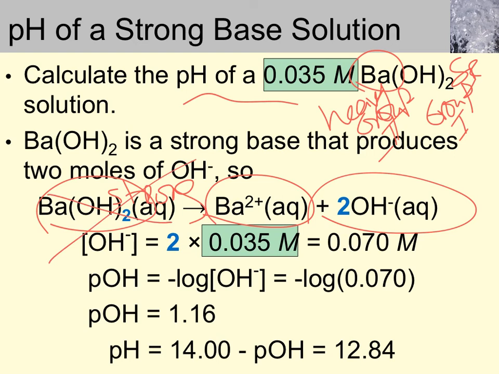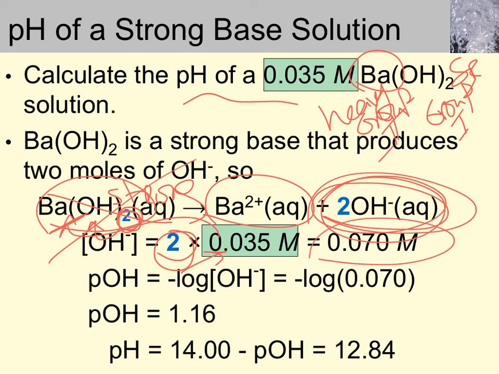Barium hydroxide has 2 hydroxide groups for every 1 molecule of barium hydroxide. So the concentration of hydroxide, once you dissolve barium hydroxide in water, is 2 times the concentration of the barium hydroxide, or 0.070 molar.